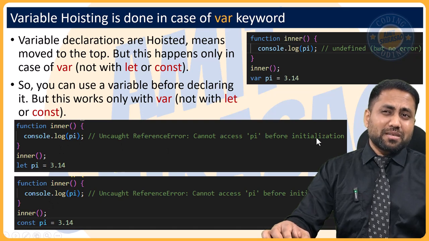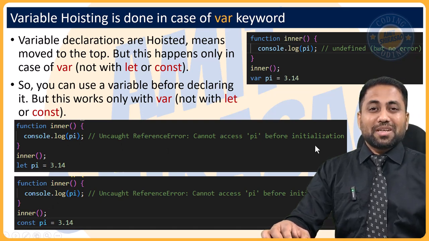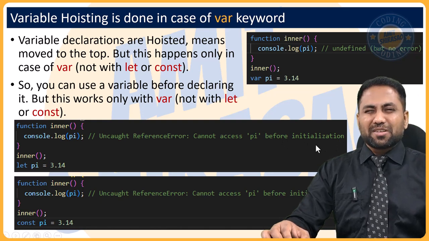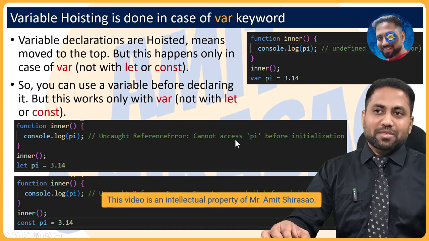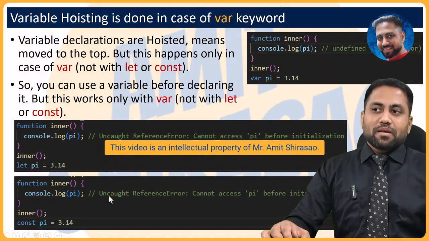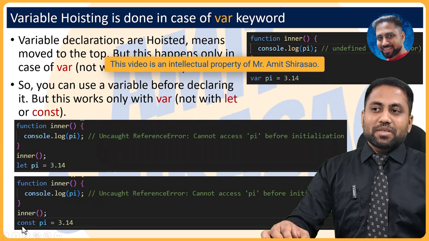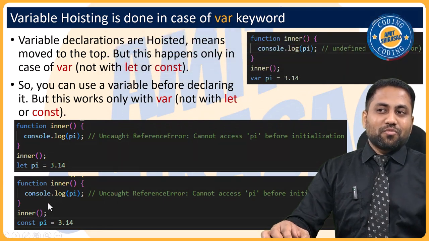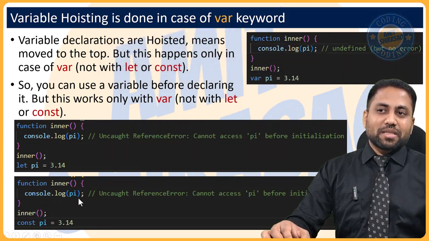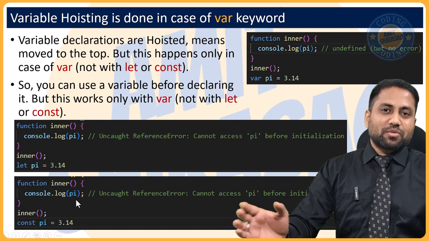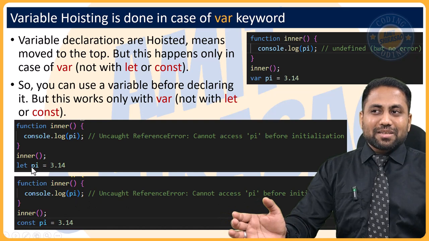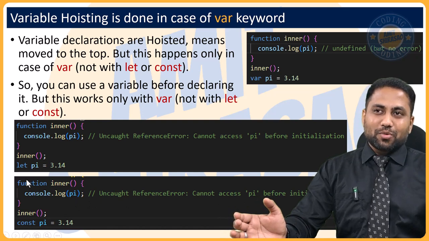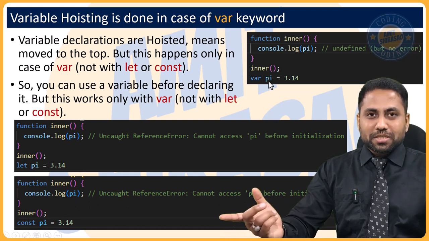I don't know why it gives this word, it should be before definition or declaration. This is the live error that I also got, that's why I pasted it. Similarly, if it is const, it will once again say how can you use pi if it is not even declared? So const and let declarations are not hoisted. Only var declarations get hoisted.